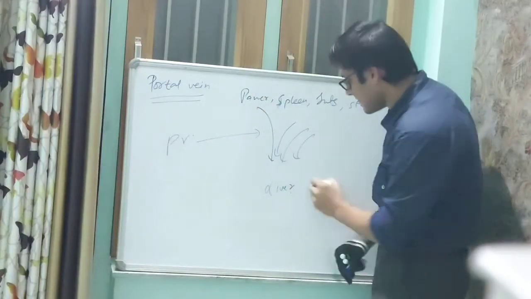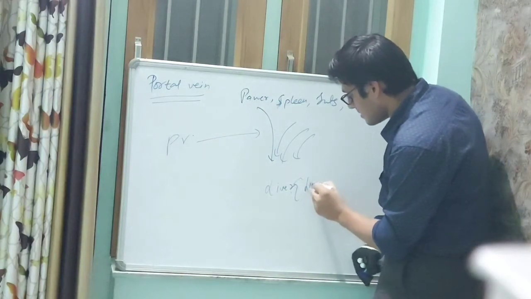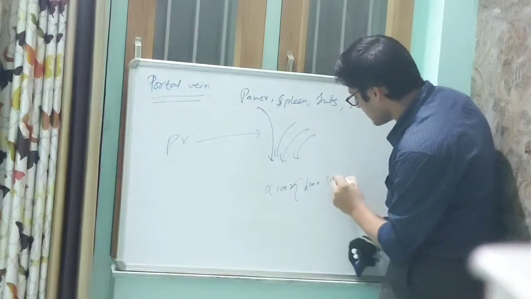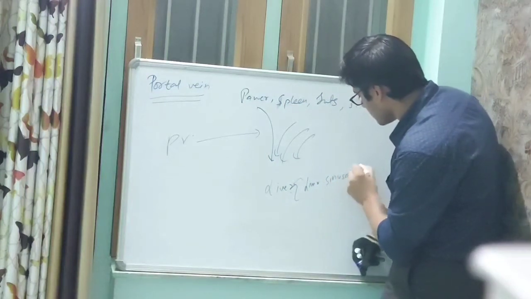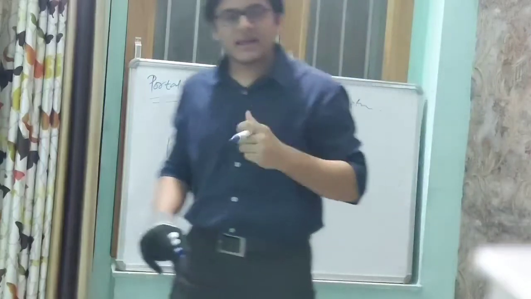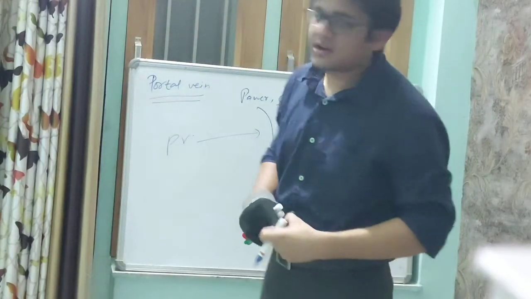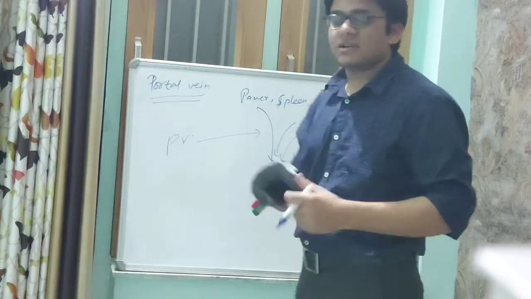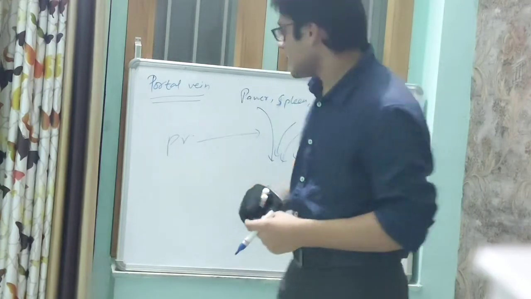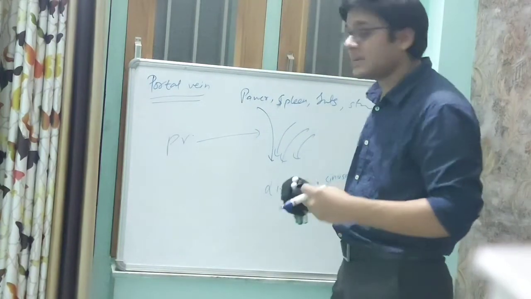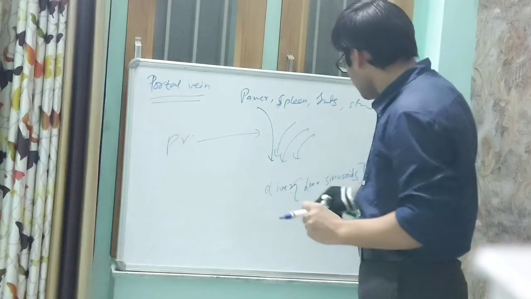And in the liver, to be specific, the liver sinusoids. After this blood has been drained into the liver sinusoids, oxygen and other functions must be there, and the hepatic artery also comes, and we will discuss it in liver anatomy.